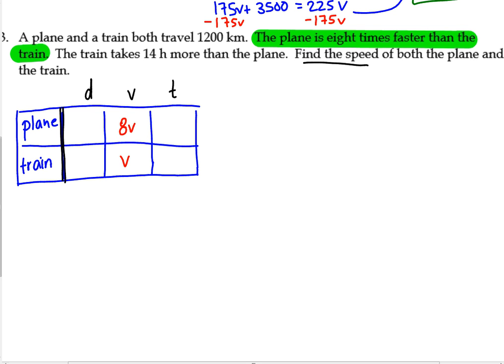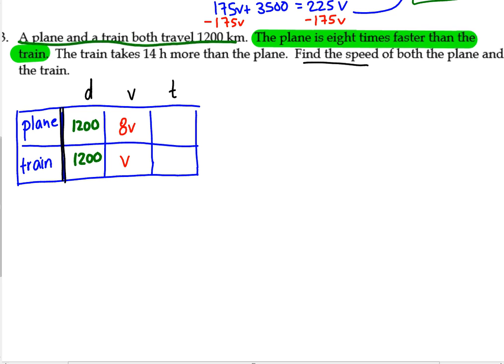Now we fill in our numbers. So what numbers do we know? Distance, they both travel 1,200 kilometers. So 1,200, 1,200. Okay, so now what do we do with the last box?